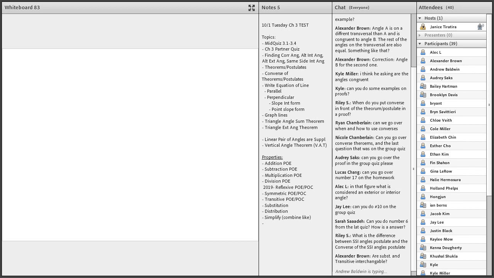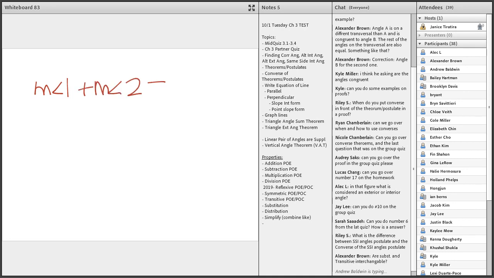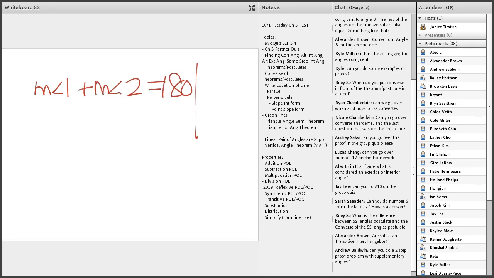Alexander, substitution and transitive, most of the time, I would say like 90% of the time, this is when you would not use substitution. Sorry, I'm going off track a little bit. So let's say you have measure of angle 1 plus measure of angle 2 is equal to 180. Let's say that's given. I'm going to show you when it's not allowed to use transitive.